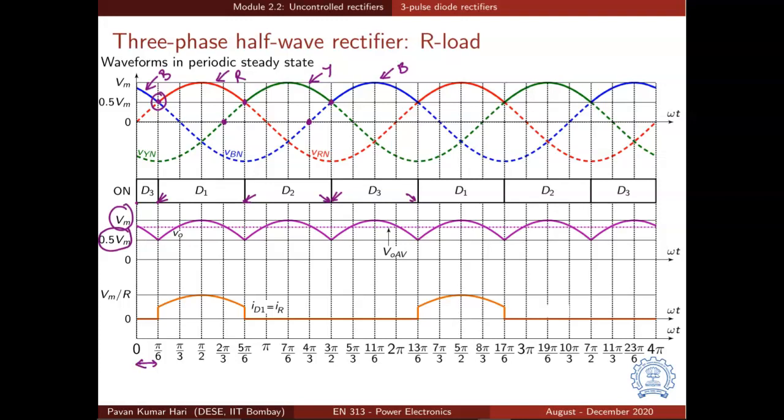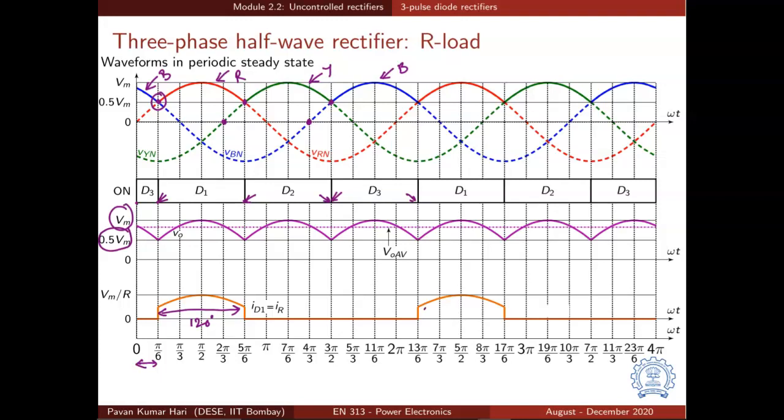And how does the source current look like? The source current is same as diode current, and since the load is purely resistive, the current is simply proportional to the voltage. So it's a scaled version of this purple waveform shown here. So ID1 is equal to IR, and it will have only a finite value for 120 degrees, and it will be 0 throughout the remaining cycle.